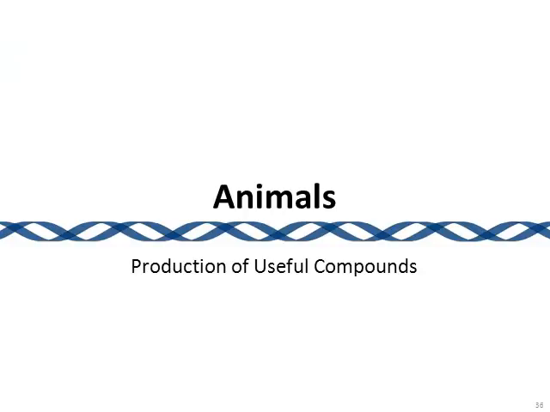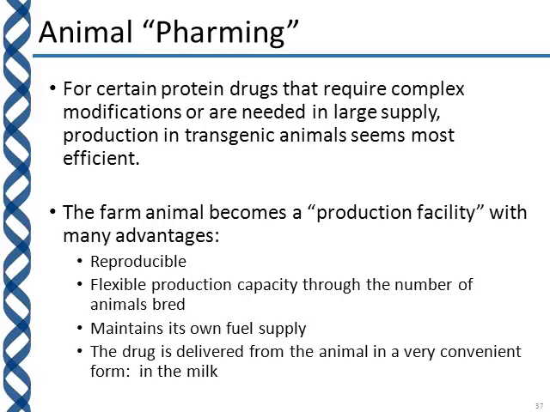So how can this genetic modification be used to produce useful compounds? Well, this is a process known as animal pharming. For certain protein drugs that require complex modifications or are needed in large supply, production in transgenic animals seems most efficient.